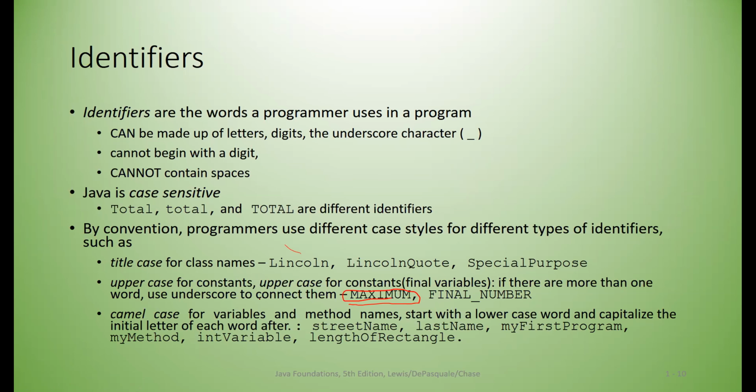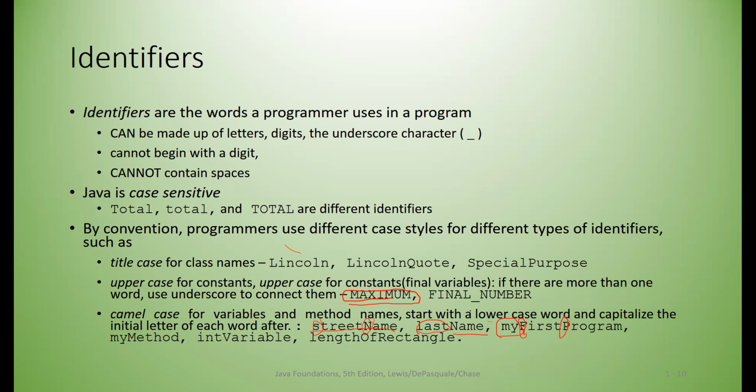And camel case for variables and method names. Start with a lowercase word and capitalize the initial letter of each word after. For example, street name: lowercase, then uppercase. The very first word is lowercase, and beginning with the second one, you capitalize the initial letter, and the third word, and so on.